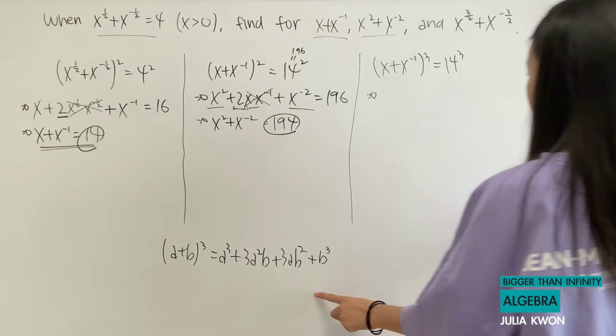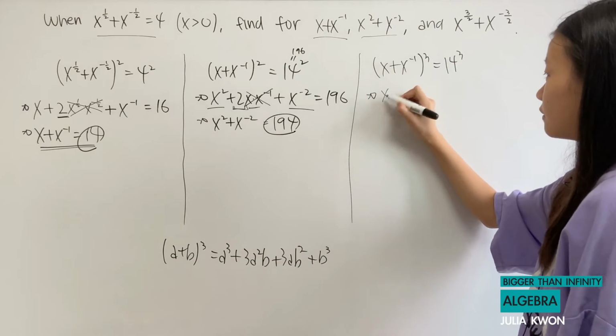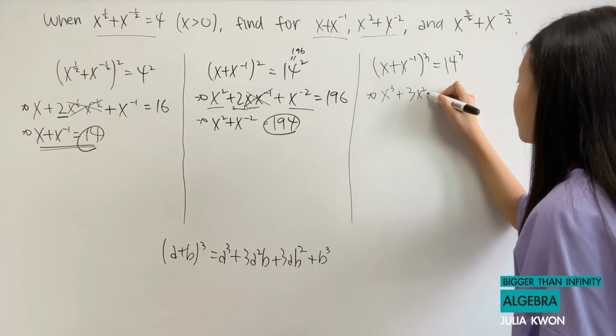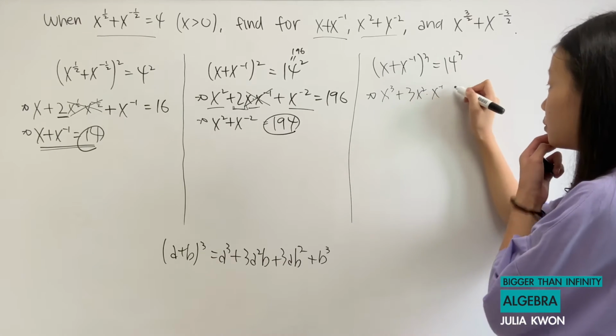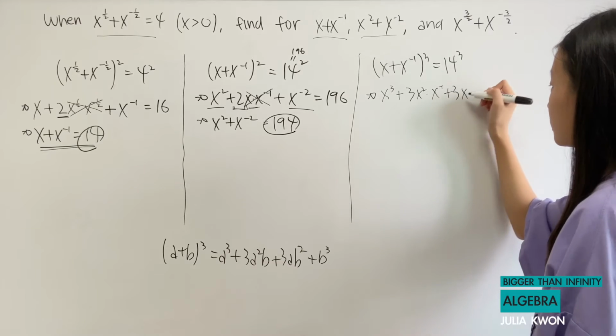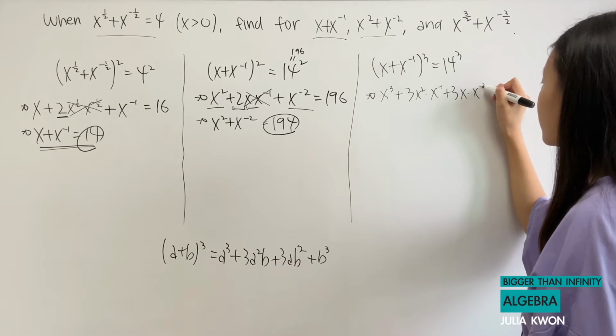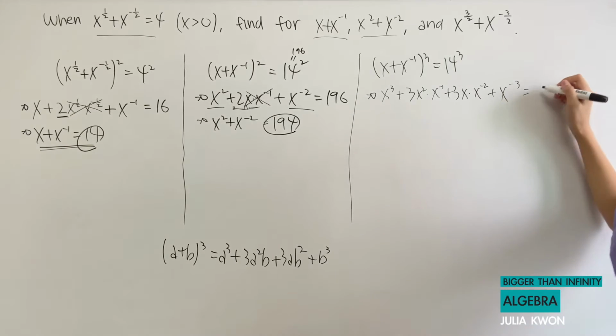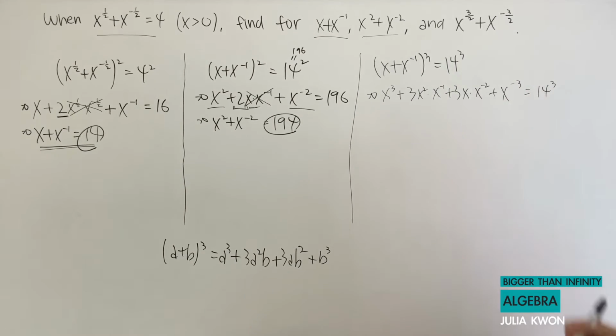We're going to use this formula. We first have x to the power of 3 plus 3 times x to the power of 2 times x to the power of negative 1 plus 3 times x to the power of negative 2 plus x to the power of negative 3, which is equal to 14 to the power of 3.